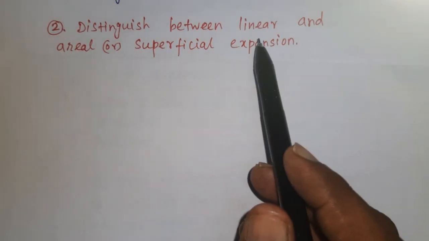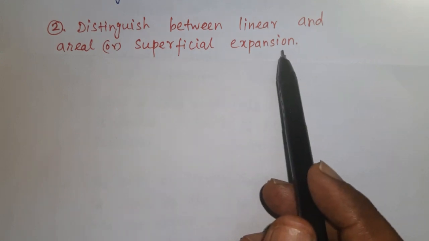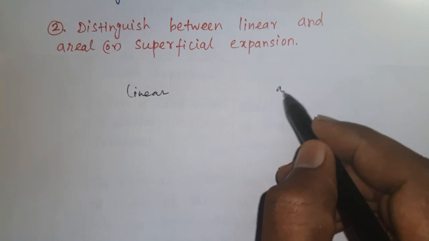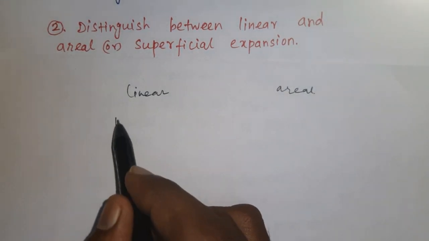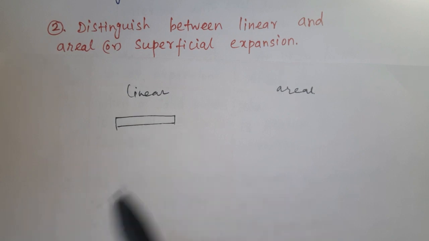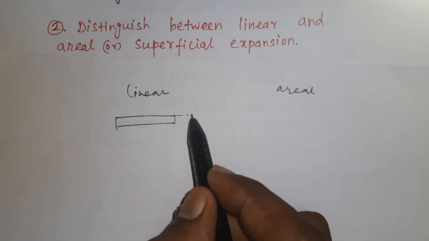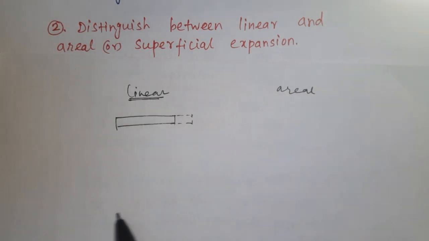Distinguish between linear and areal or superficial expansion. This is linear expansion. This is areal or superficial expansion. If you heat a solid object and that object expands in length, that is known as linear expansion.